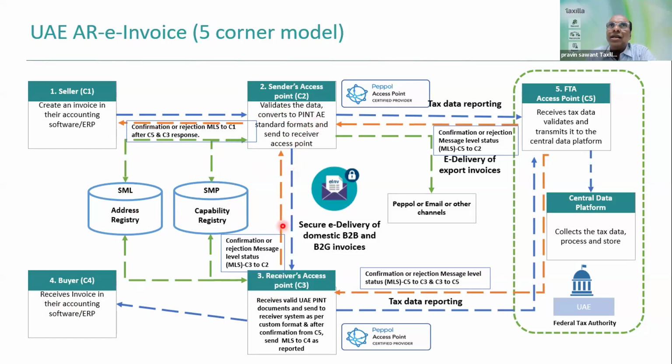Similarly, in Singapore, it's called Pint SG XML format. So I first have to send this Pint AE XML to FTA because FTA will only accept the AE format. But for Singapore, I have to convert that format into SG and share it with corner 3. In this way, where you are doing export to a PEPPOL country, you don't need to send any document through email, soft copy or hard copy. It can be passed through the corners.